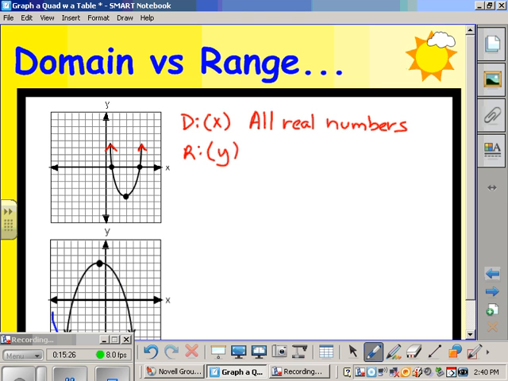The range is different because notice for the y-axis, the parabola never goes below that red line I just drew. So that means anything above that red line could be, the y value could be anything above the line, but nothing below it. Okay, so what you want to do is you want to write that y can be anything greater than or equal to whatever that place is where we drew the line, which for the y-axis is at negative 4.